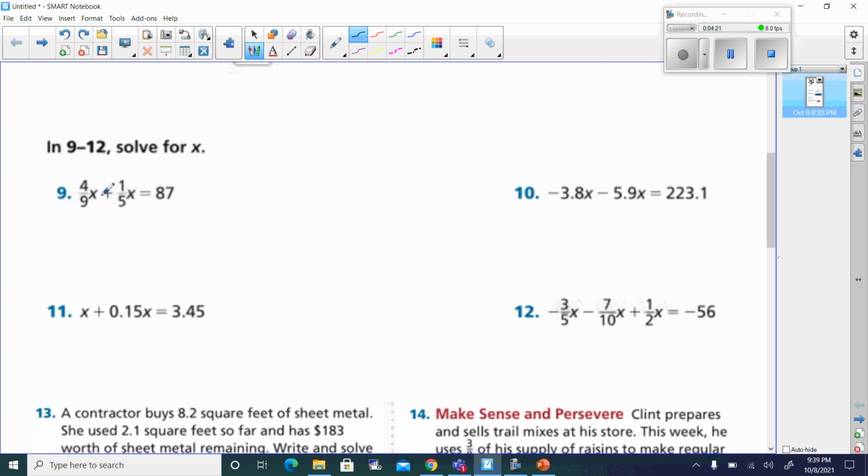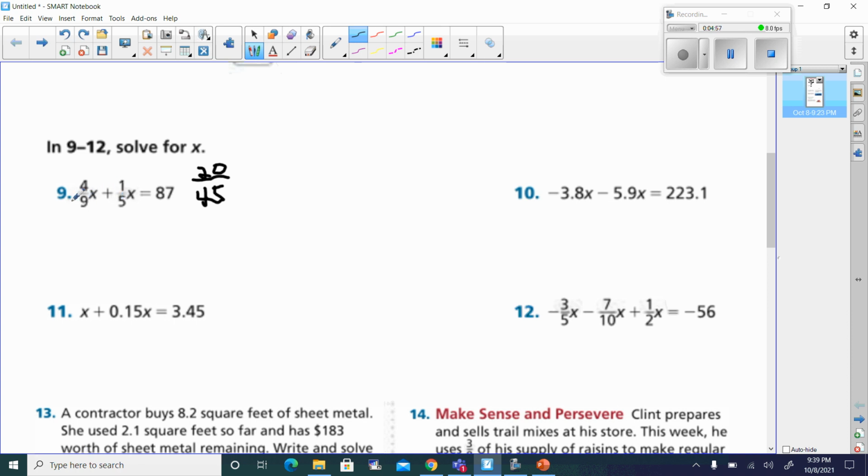So let's rewrite this. If I multiply 9 times 5, that's going to be 45 on the bottom. But if I multiply 9 times 5, then I have to multiply 4 times 5, and 4 times 5 is 20. Hopefully everyone remembers that the reason we're multiplying 9 times 5 is because to find a common denominator, I can multiply 5 times 9, and it's going to equal 9 times 5.